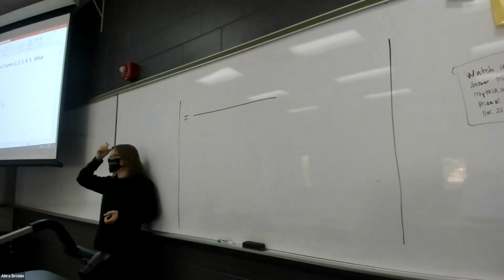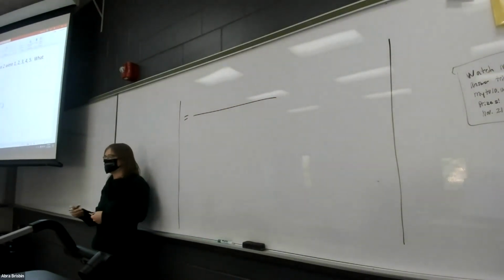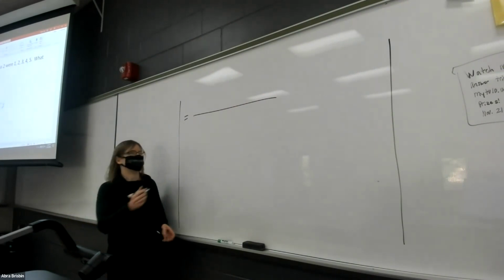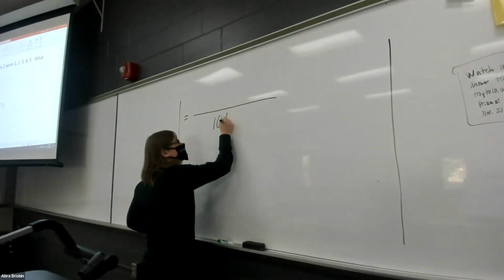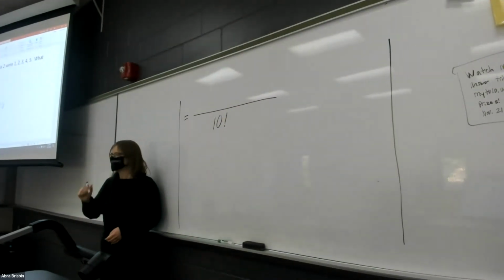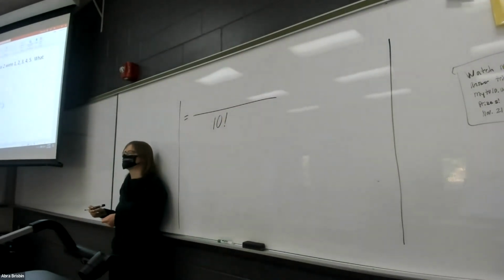For our denominator, we'll just have the number of ways to put 10 cards in order. What's that going to be? So we can think about for the first student, there are 10 choices of what card they get. For the second student, there are 9 choices and so on.